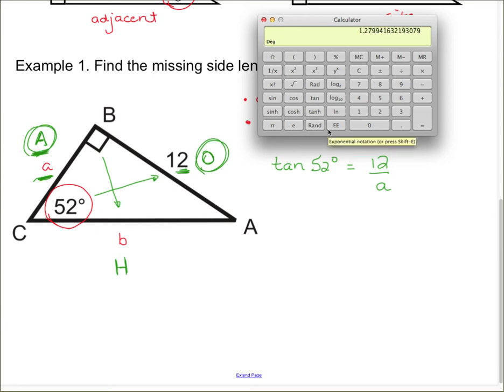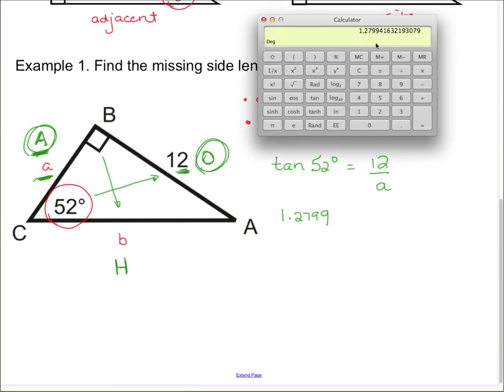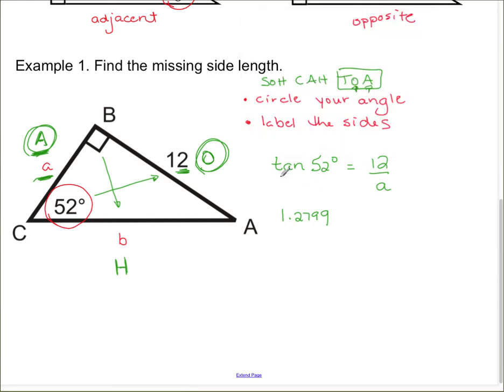Some of your calculators, you'll have to do it the other way around. And I'm going to keep 4 decimal places because this is a nasty decimal. But if we keep it to 4 decimal places, that'll keep us fairly accurate. So 1.2799. So instead of tan of 52, I'm going to write in 1.2799. I hope that's what I said. 1.2799. Yep. This and this are the same number.